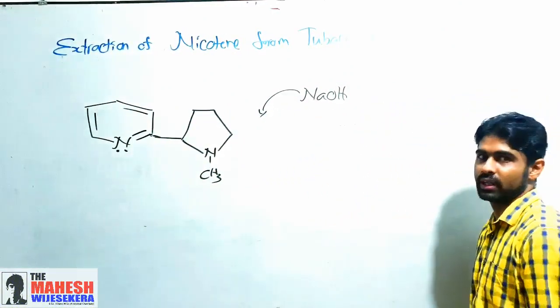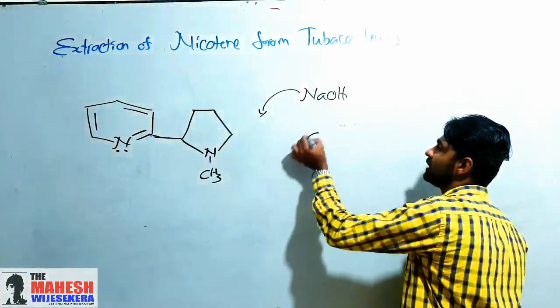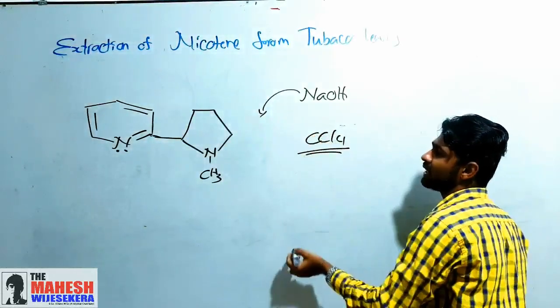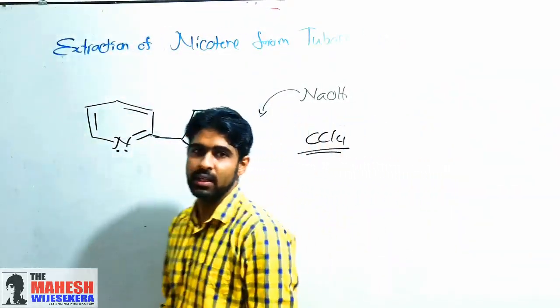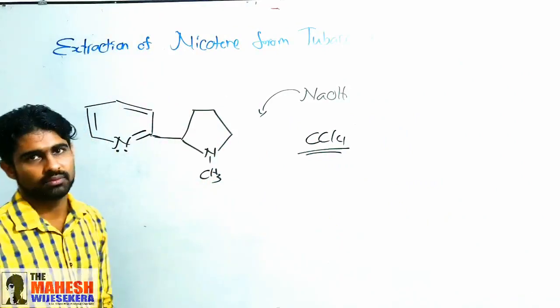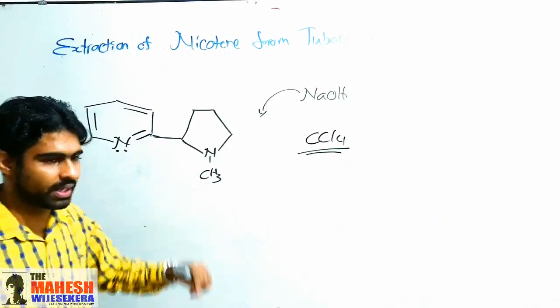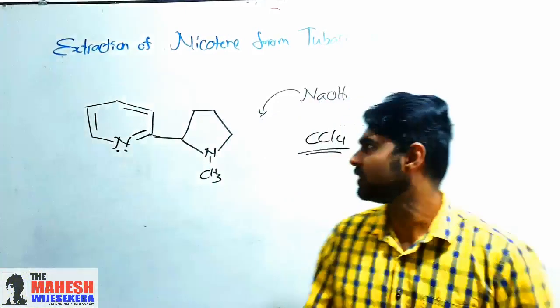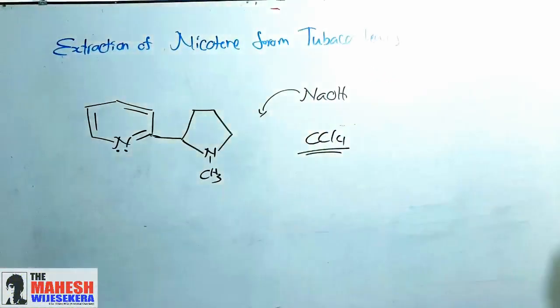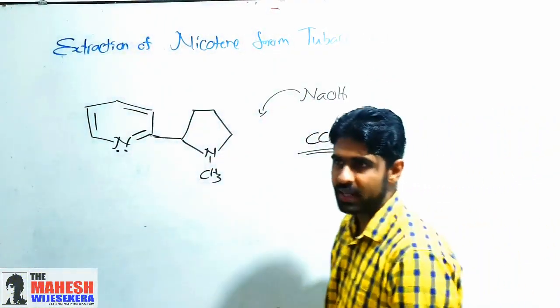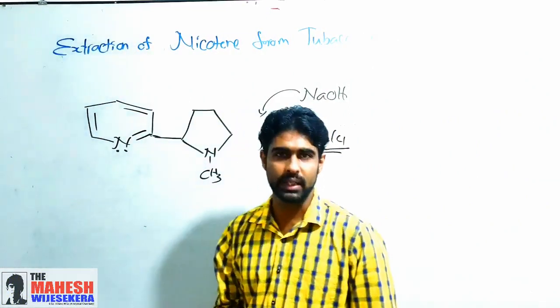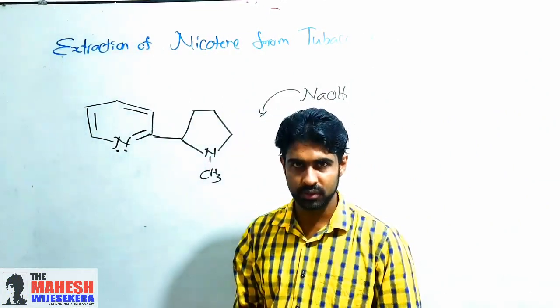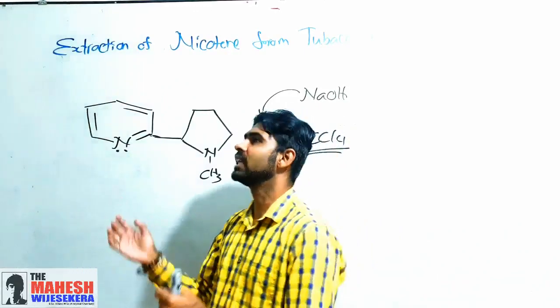When you add CCl4, most of the nicotine will move into the CCl4 layer, though some amount will remain in the aqueous layer. Thereafter, we can evaporate the solvent and get the nicotine back. Understood?